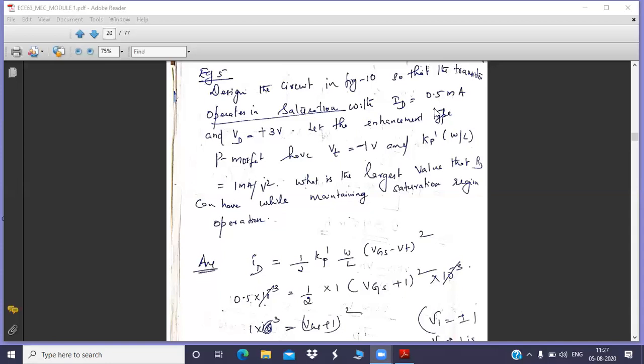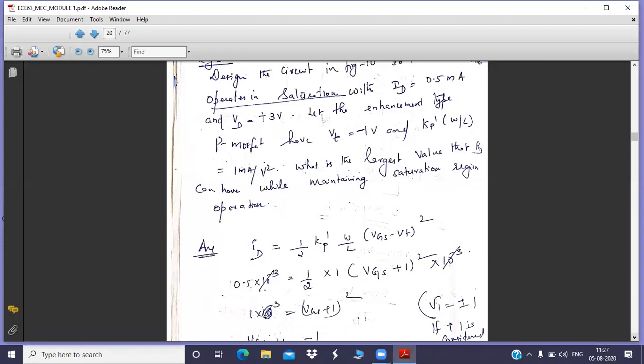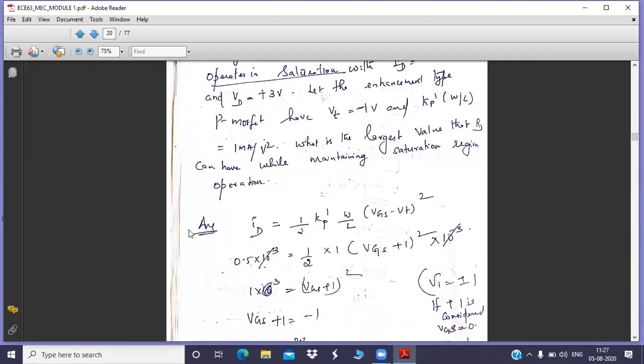And the main speciality is that it is given that the operation region is saturation. So directly, you can take this particular formula without checking the condition. Directly, you can proceed to the equation for saturation. The difference is that instead of Kn dash, I have written Kp dash.